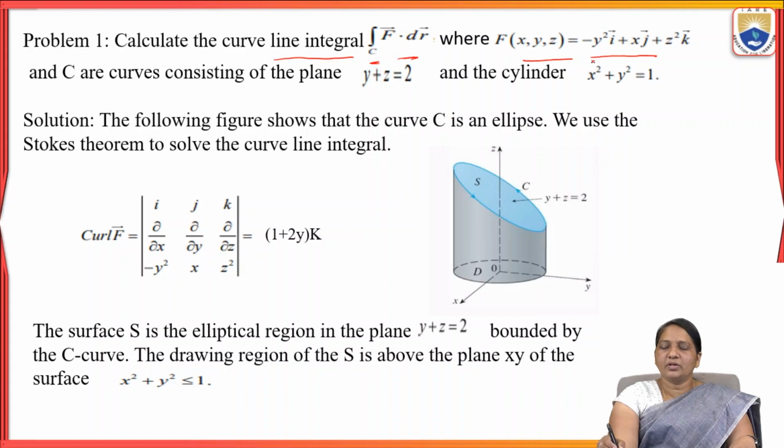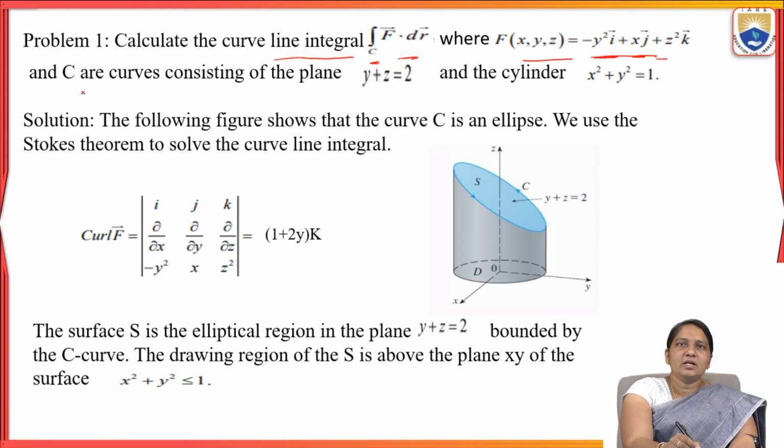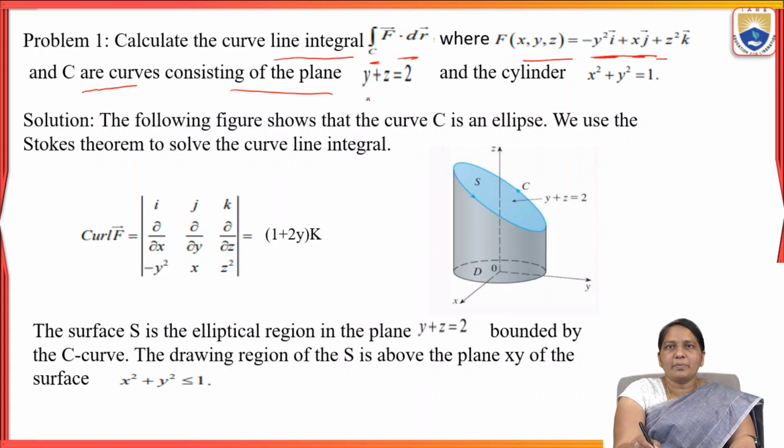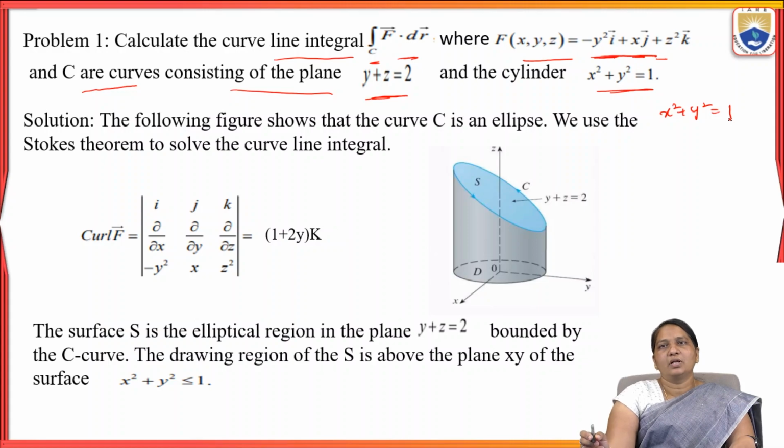They gave F equal to minus y square i plus x j plus z square k, and C is the curve consisting of the plane y plus z equal to 2. Here one plane is there, that is y plus z equal to 2, and the cylinder is x square plus y square equal to 1.